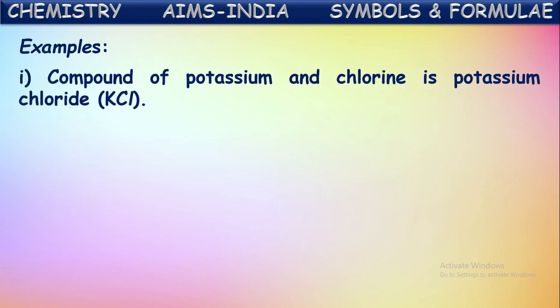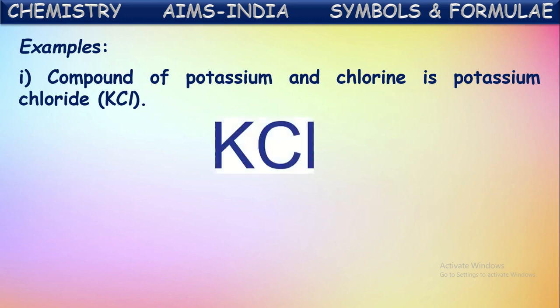The compound formed between potassium and chlorine is KCl. Now in this, the metallic element is potassium, the non-metallic element is chlorine. First we name the metal, that is potassium. Next the non-metallic element's name is continued, that is chlorine.